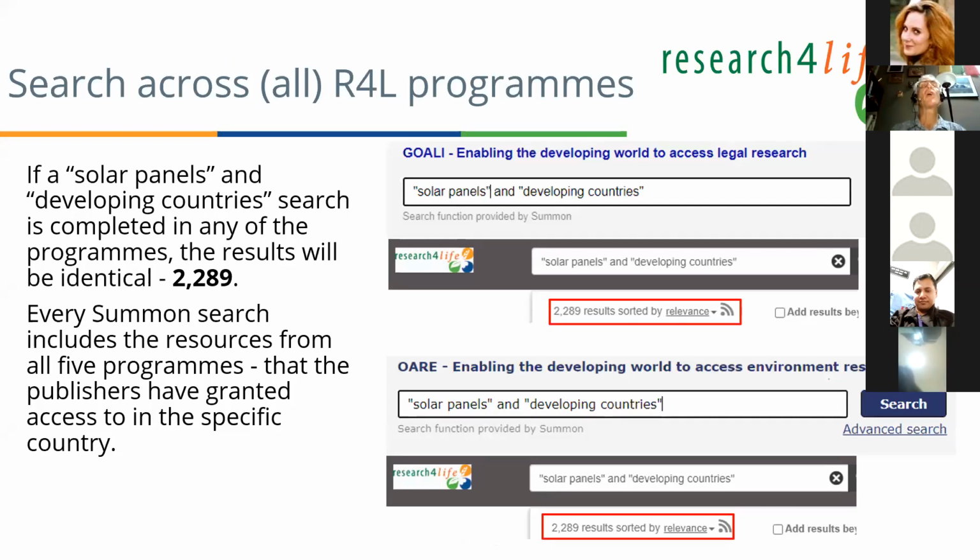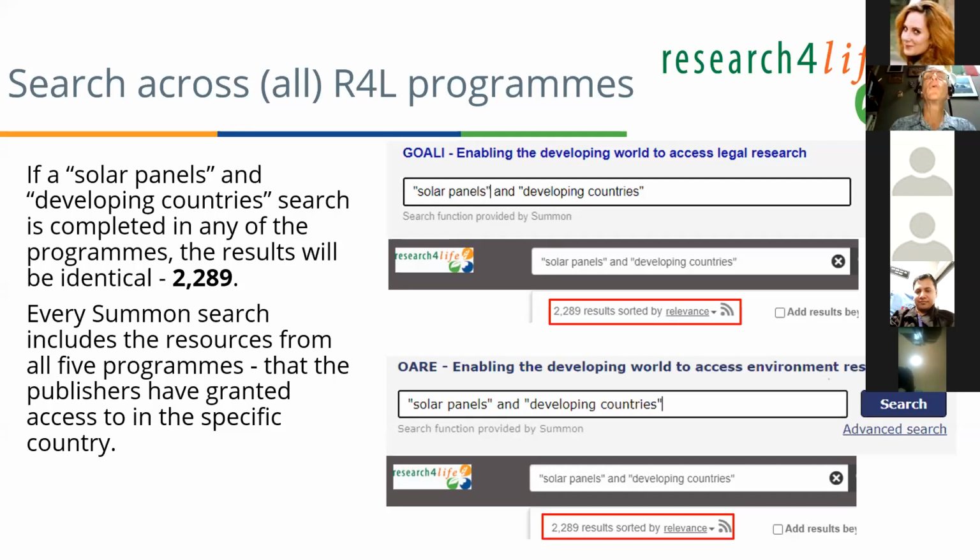So this is to show that you get the same results. It does not matter which program you are in. Okay? So here we are doing a search, solar panels and developing countries. Note, I use the quotes to make the search more precise.